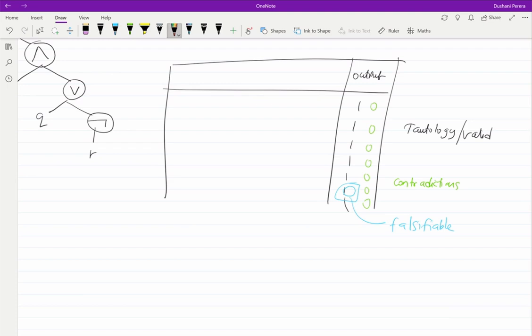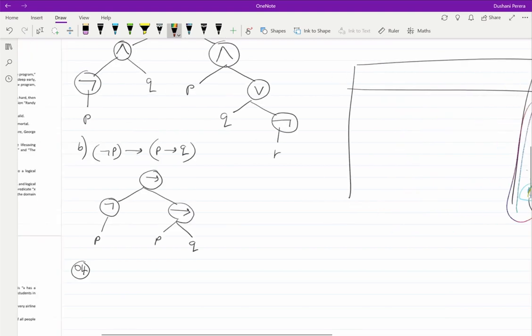And finally, if there's a case where at least one of the results is true or 1, then we call this satisfiable, which means that there's at least one case that the formula will be proved to be true. So if the formula is a tautology, that means all the cases are 1, all the cases are true, then definitely that particular formula is satisfiable as well, because in all cases it's true. So it is satisfiable. I hope that's clear to you.